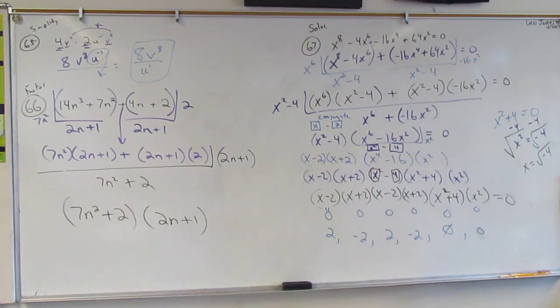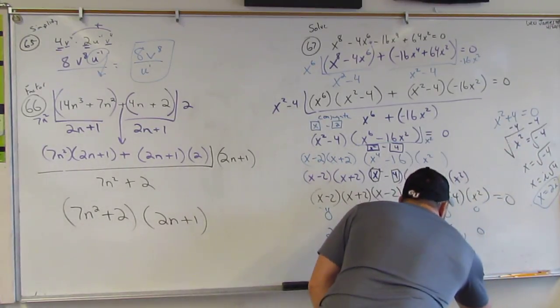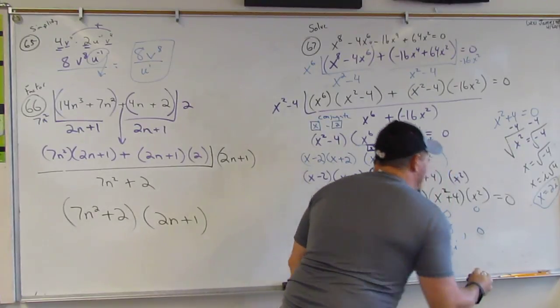What's the square root of a negative 1? i. So i times the square root of 4. What's the square root of 4? 2. So x is equal to 2i. So there is a solution, it's just not real. Okay? There's a solution, it's just not real. So now this is really 2i. And that's what I wanted to point out.